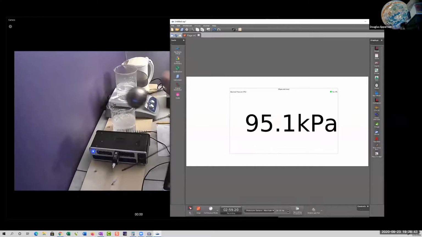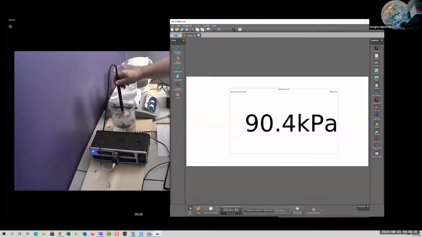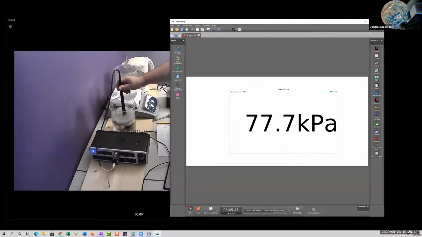And then still run number 2. 0 degrees Celsius. .6 kilopascals, 0 degrees Celsius.